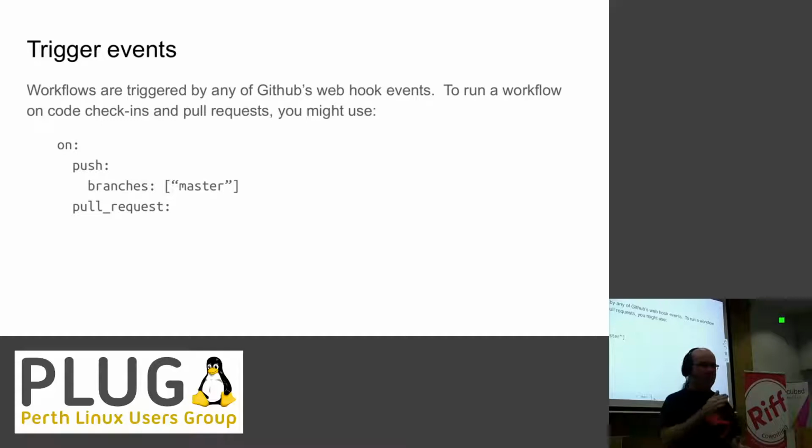So this is basically just simple indentation and key value pairs. The trigger events are specified just as an on section, and this slide is just showing a very simple set of triggers where I might have a workflow which is going to be run whenever changes are pushed to the master branch of the repository, or whenever someone creates or updates a pull request.